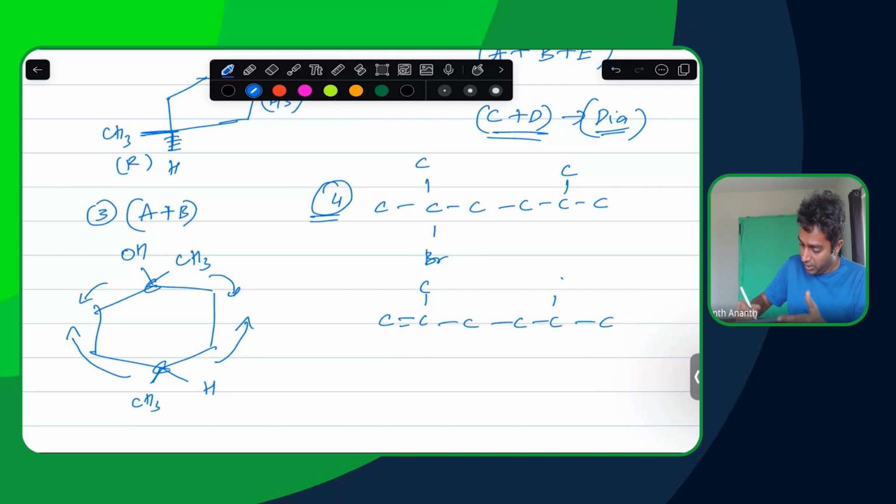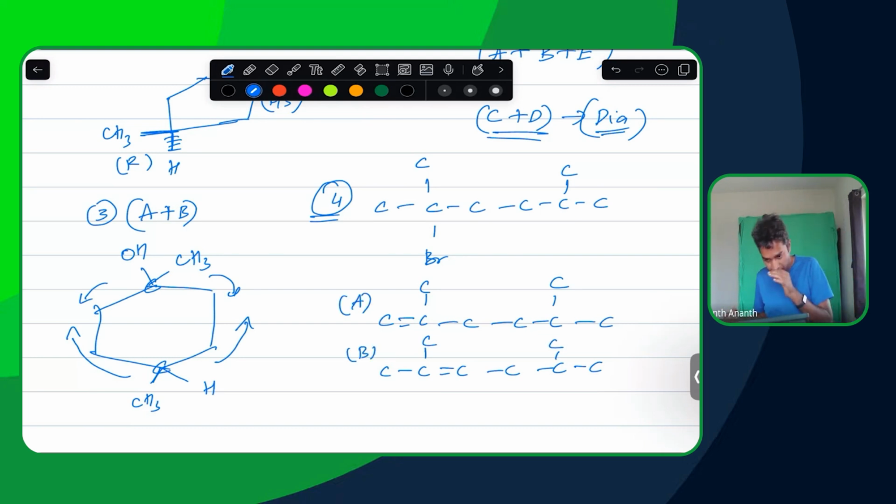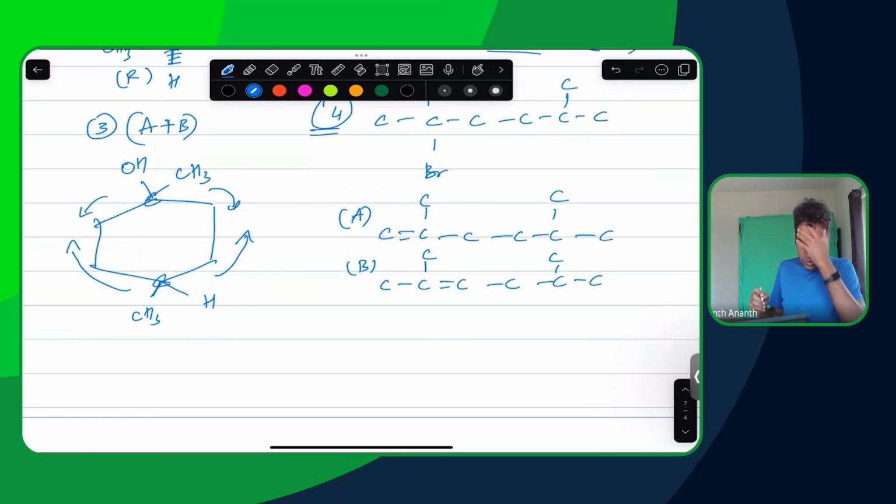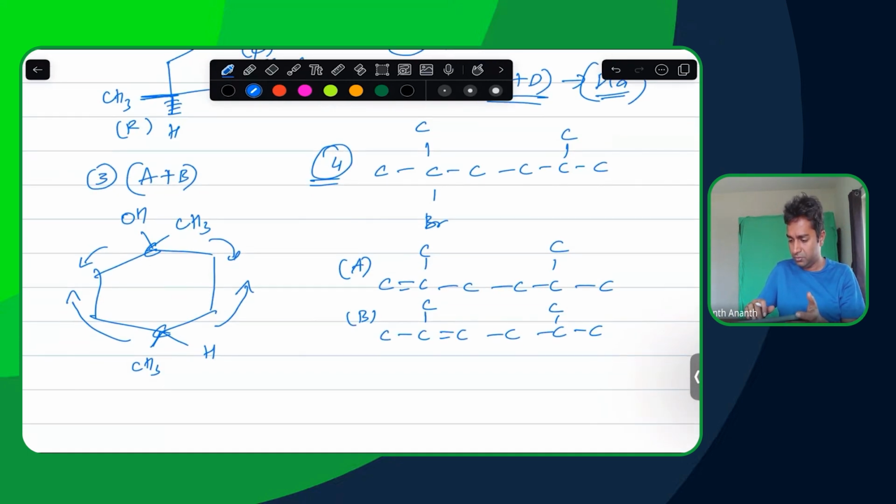And the other possibility will be like this. So this can be A and B. If I do SN, I will be getting what here?